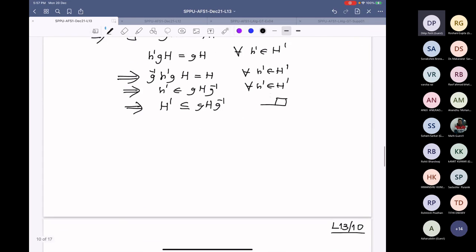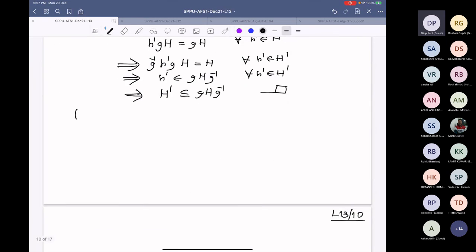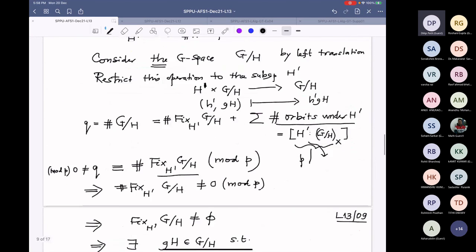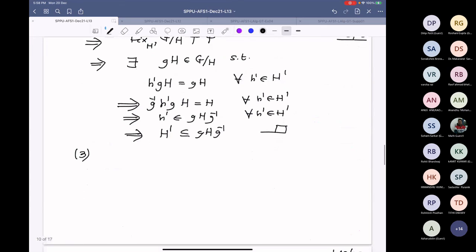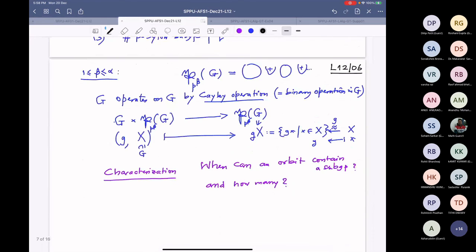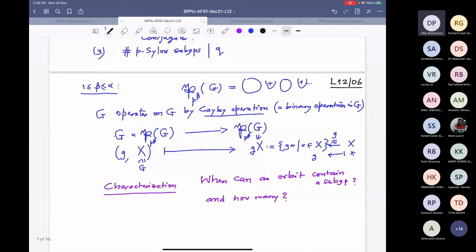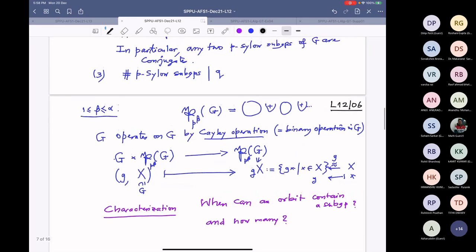All right. Now let me finish off 3. It will take 1 minute. So the proof of 3. So what do we want? 3 is: the number of Sylow subgroups divides Q. All right.